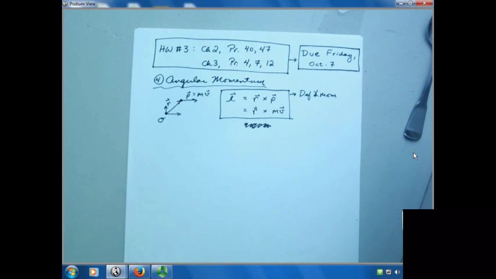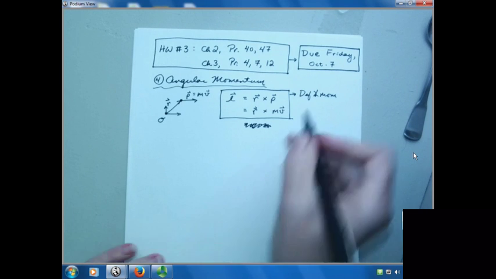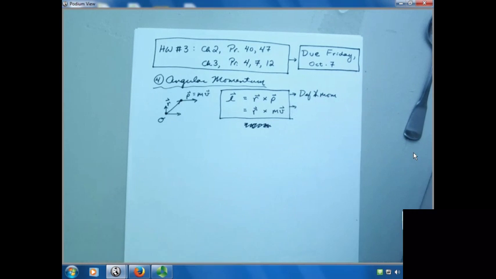Now the thing is that this expression gives us the angular momentum for this particle that's located at r, that has a mass m, that's moving with some velocity v, but it only gives its value relative to the origin. If you were to calculate its angular momentum relative to some different location, you would get something else.